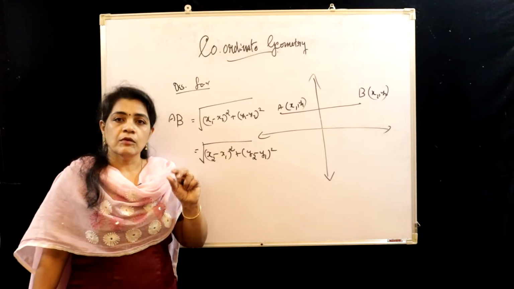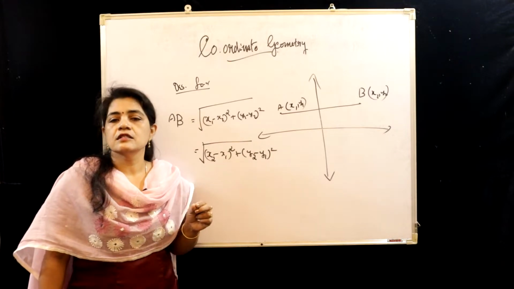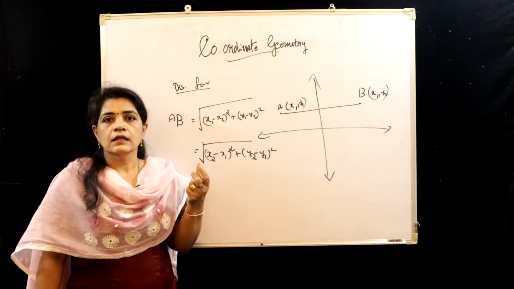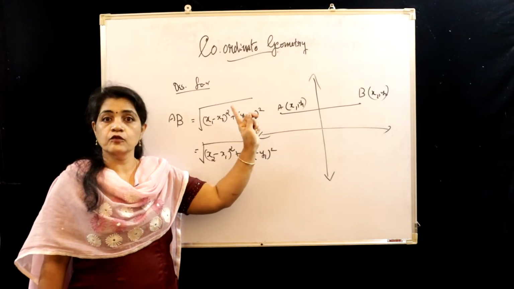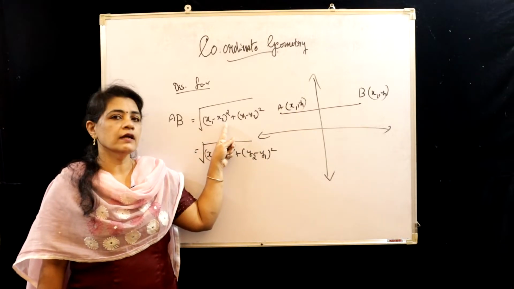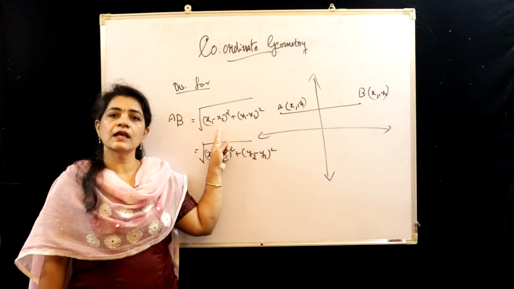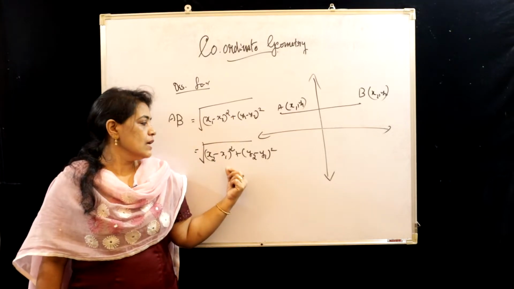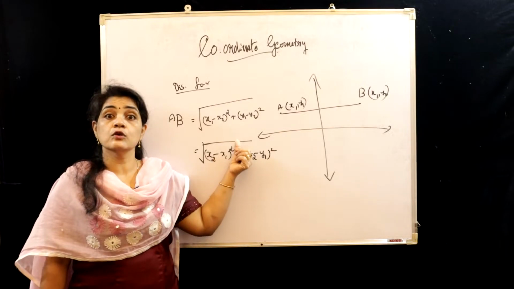But you should remember, children, in order to get the distance between 2 points, take the difference between the two x coordinates of the 2 points and take its square. See children, x1 minus x2, the difference between the x coordinates; we are taking the square, that doesn't matter. Here also x2 minus x1 square.